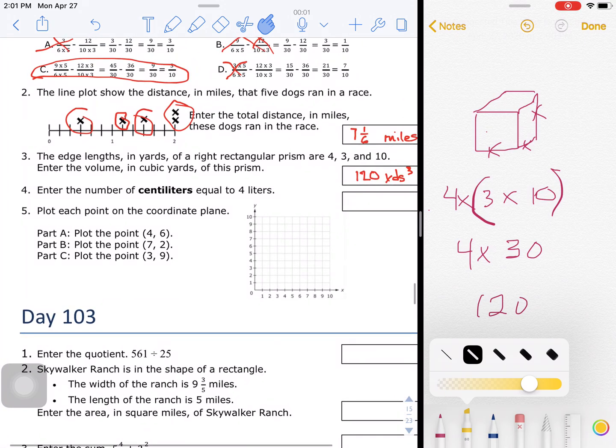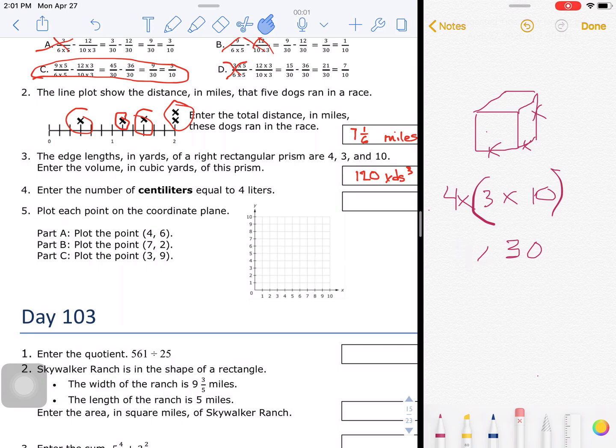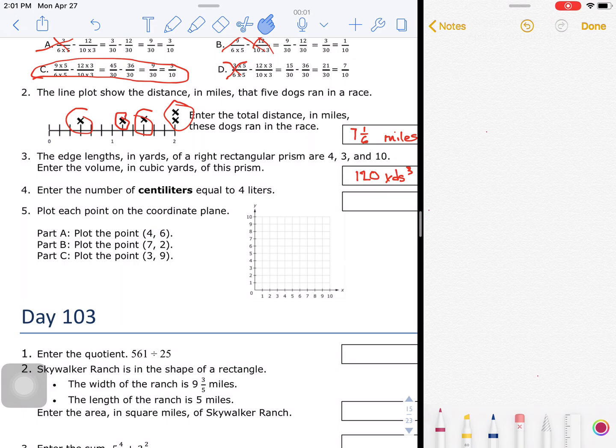Problem number 4. Enter the number of centiliters equal to 4 liters. Now, the nice thing about the metric system is we know that we have our base units of meters if we're doing distance. We have liters if we're doing liquid or volume. And we have grams if we're doing weight or mass. So all the other prefixes are the same. Centi means 100.